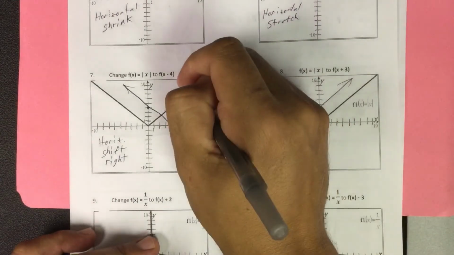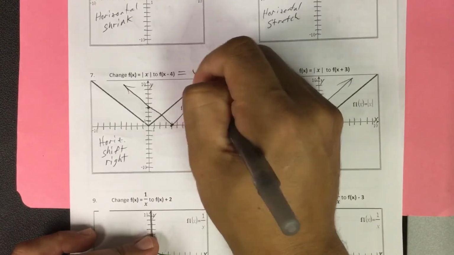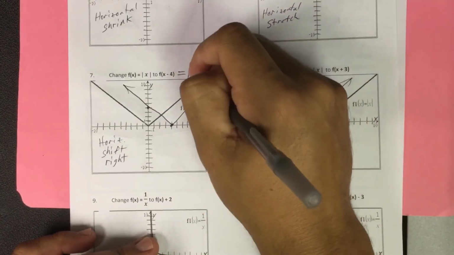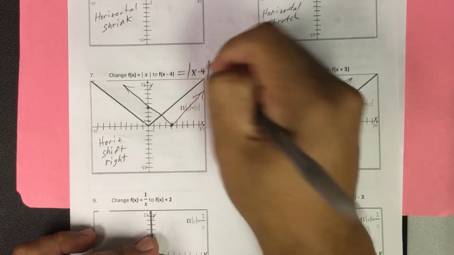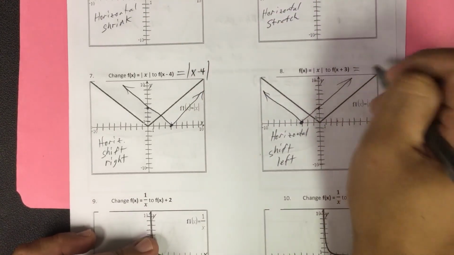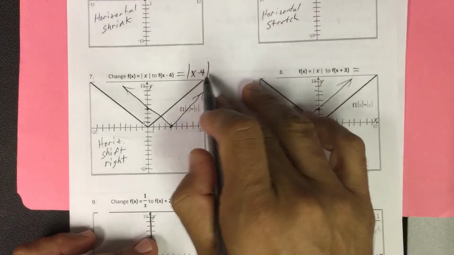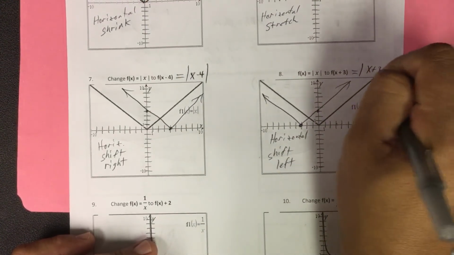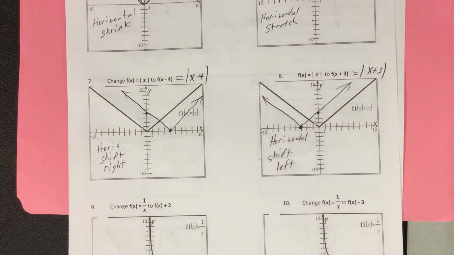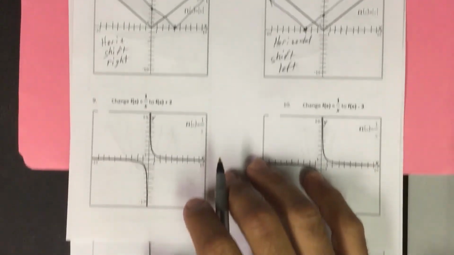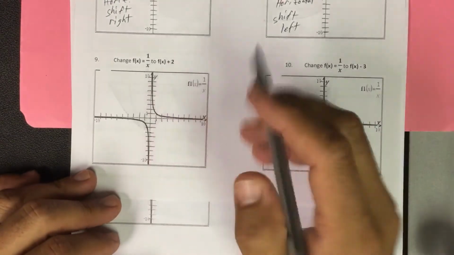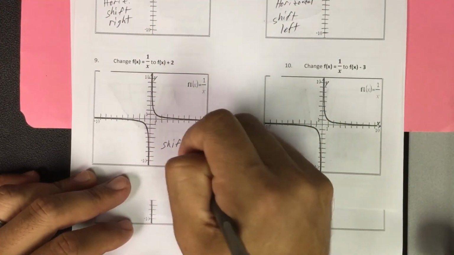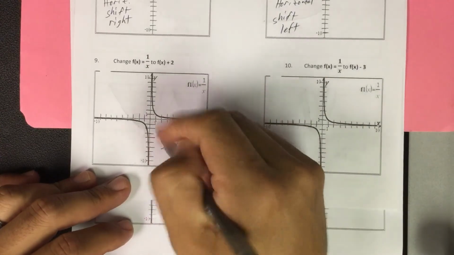Okay, and then this would be inside, so I put x minus 4 inside the absolute value. Absolute value is like the one time you don't really need to put the parentheses because it acts like a parentheses. Same thing right there. And then the last one, if I add 2, shift, if it's on the outside, that's vertical.